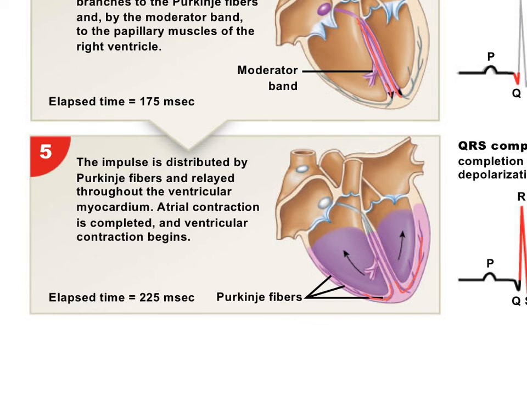Now note, as they're traveling up through the Purkinje fibers, that is how the ventricles are going to contract. They'll start contracting near the bottom here, and then the squeezing motion will lead upwards in the ventricle, so that as they're squeezing, all the blood is going to be pushed up towards the atria and the pulmonary trunk.